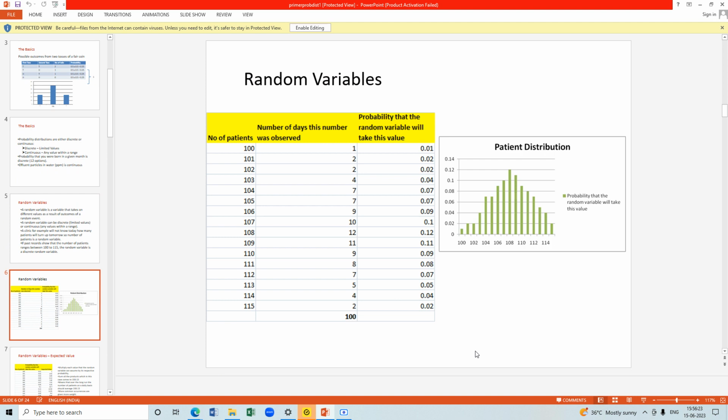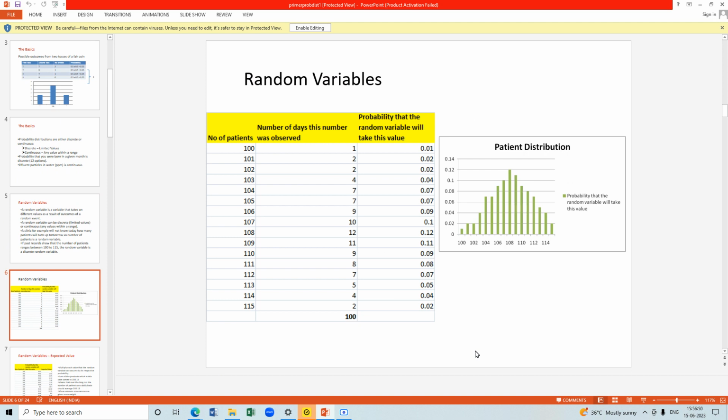Going forward, you can plot this as a potential set of values and calculate the frequency, or the number of days with each number of patients, over a 100-day period, and that's the result you get in the second column. Then you can work out the probability, which is nothing but the frequency divided by the total.